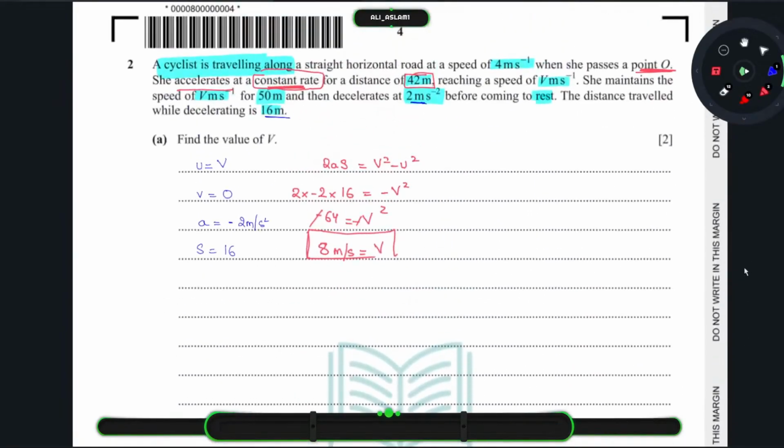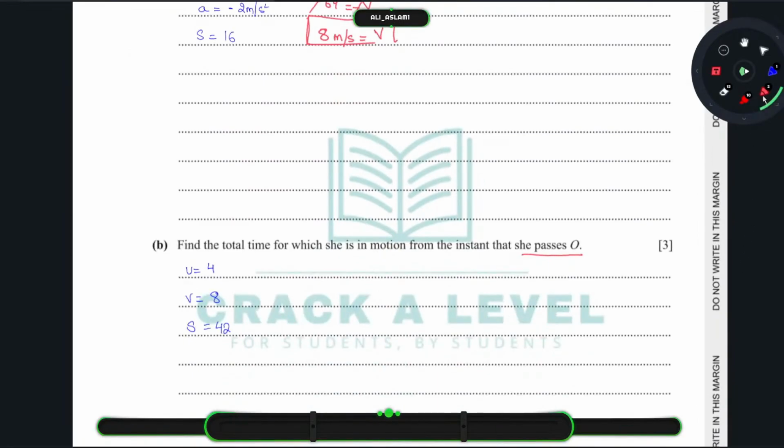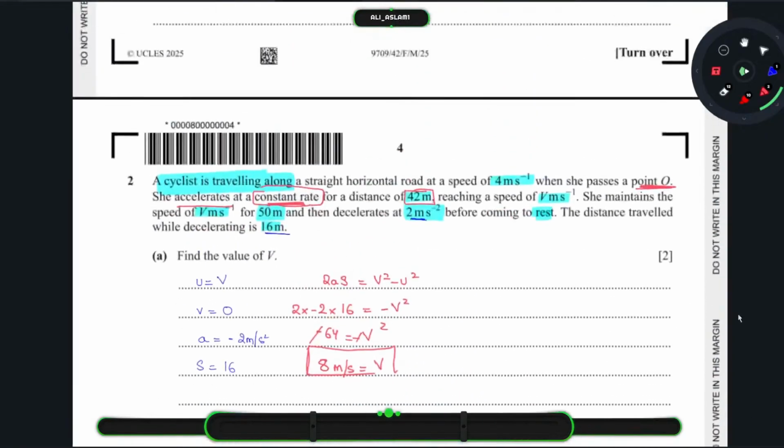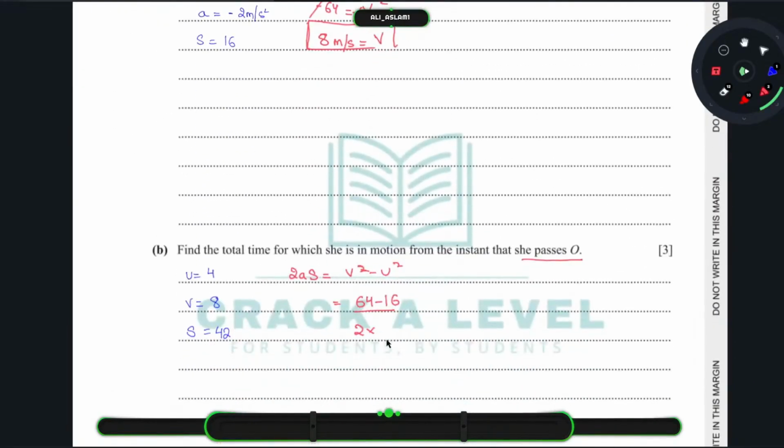That should become 2as equals v squared minus u squared, so v squared is 64 minus 16, and that should be divided by 2 into s, which is 42.